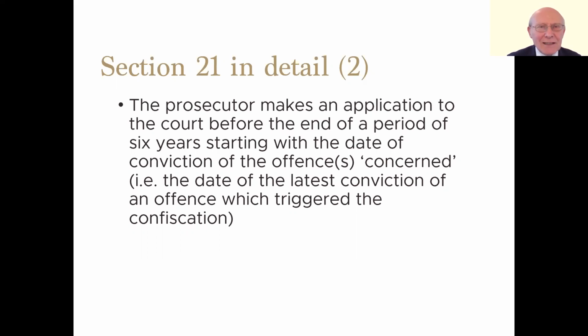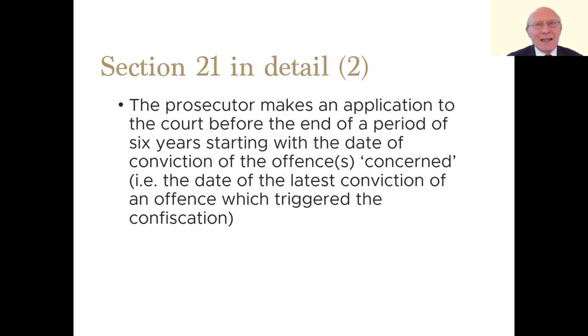The time limit here is 6 years, starting with the date of the conviction of the defendant for the offence or offences concerned. And you'll remember this phrase, the offences concerned, refers to the offences which trigger the court's power to make a confiscation order.